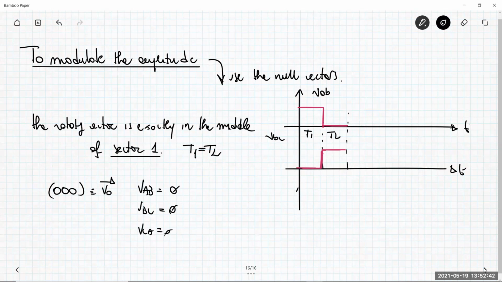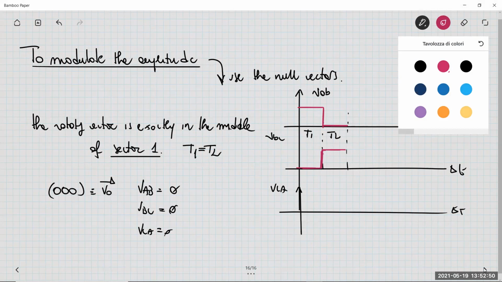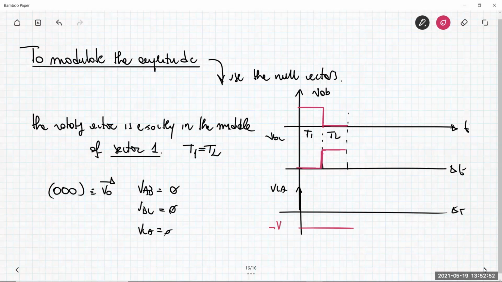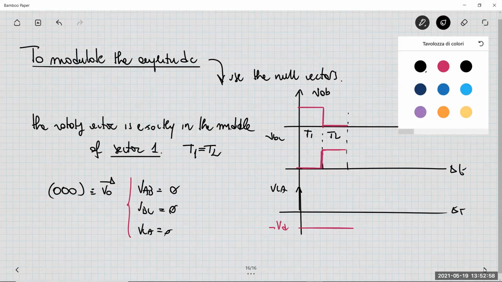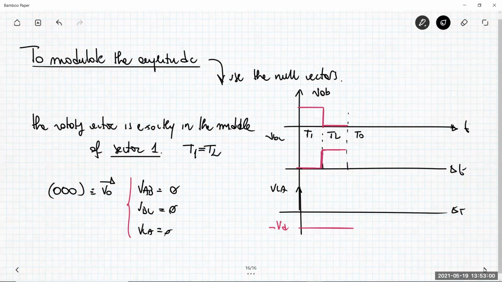Okay, so if you want, let me just plot VCA because it changed. If you use this other interval, which is called T0, in which I apply this other vector, and this vector is, let's say, 1 bit distant from the 1.